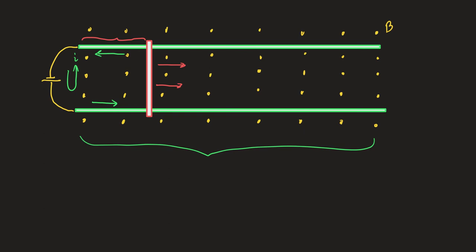That's also going to create a force on the top and bottom rail. So I would probably have to ensure that they are constrained in place so they don't move. Otherwise, they would also move. But if the bar was free to move, I could use this to launch the bar off the edge of the rails. This is the definition of a railgun.